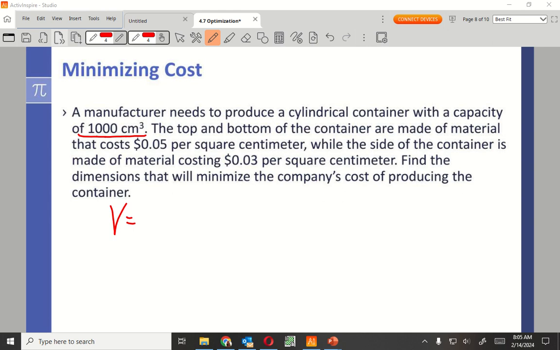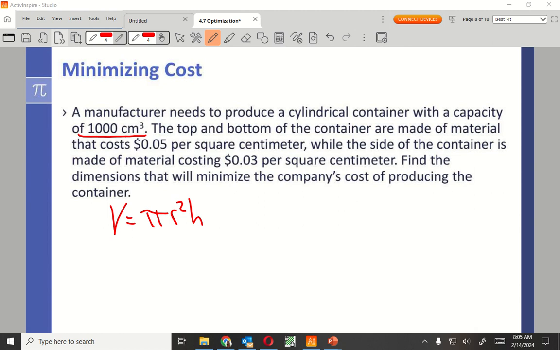Height times pi r squared. Yep, that's it. So pi r squared times h. So think of it like this. Pi r squared is a circle, right? So it's a circle, and now times h makes it a tall circle. Yes, a cylinder, a tall circle. That's the way I think about it.